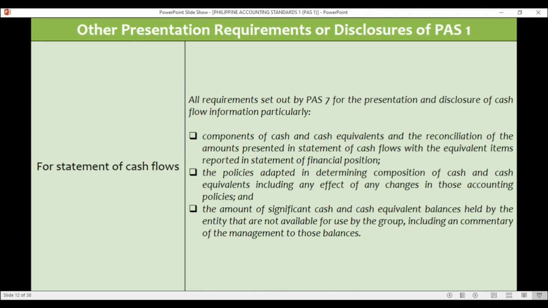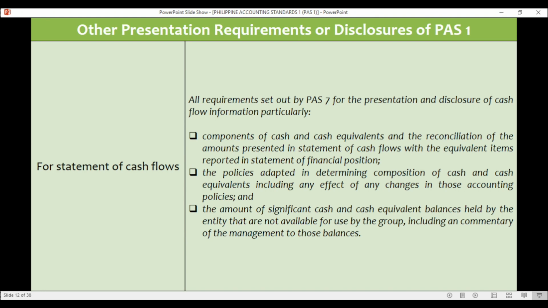So therefore, all the items that compose the cash and cash equivalents and the related reconciliation should be presented and disclosed, related to statement of cash flows, and also related to those equivalent items in the statement of financial position. So therefore, there should be a reflection of the items. What is in the statement of financial position should be reconciled and disclosed in the statement of cash flows.